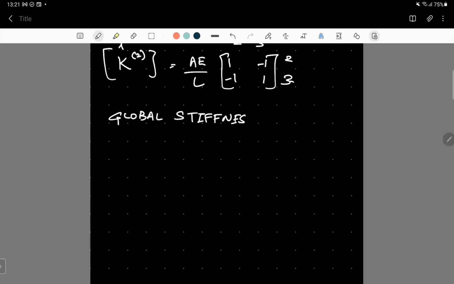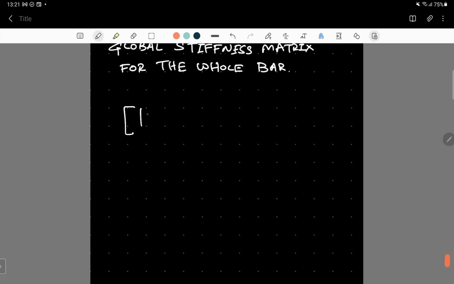The global stiffness matrix for the whole bar can be obtained using K is equal to AE over L. Once you do the summation, or the superpositioning, using the direct stiffness method, you can simply adapt the corresponding terms in the two element stiffness matrices, and you would end up getting this result.